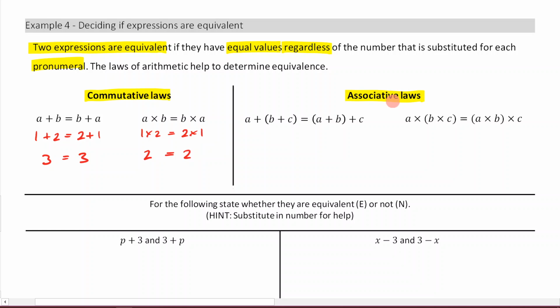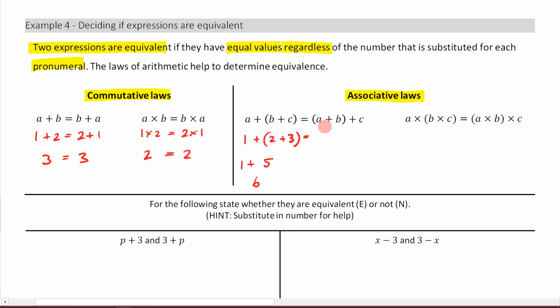The associative law tells us something similar. Let me give you an example here. Let's make a equal 1. Let's make b equal 2. Let's make c equal 3. If I was to solve this, I would get 1 plus 2 plus 3 is 5, 1 plus 5 is 6.